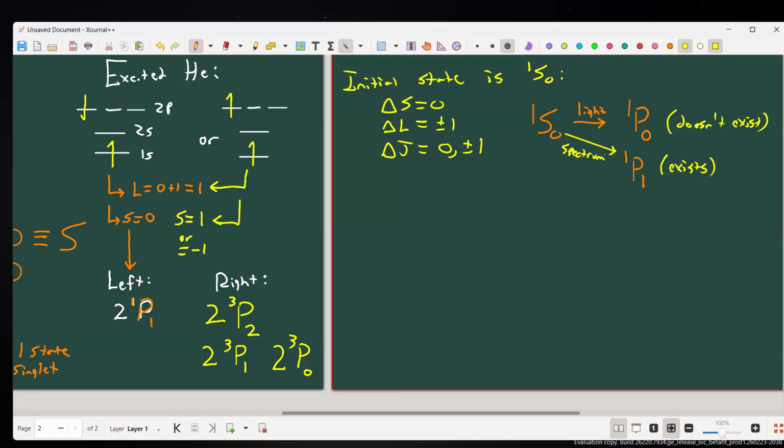So imagine I wanted to get to this 3P2 state. Right? How do I access 3P2? Well, I would have to come from above. Right?